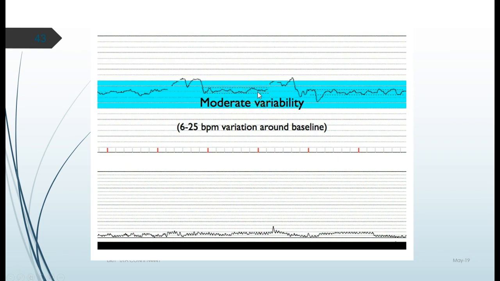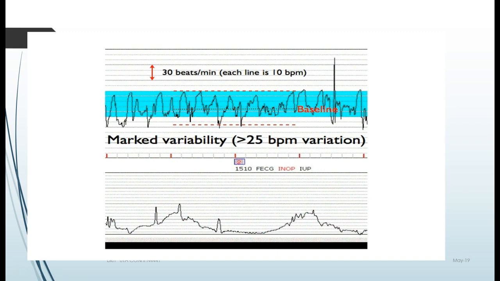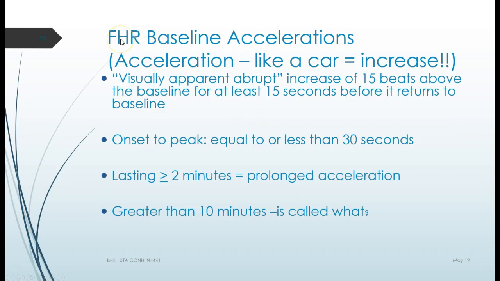I hope that makes sense. And then here's our marked variability, greater than 25 beats per minute. It's just all over the place. You can't call a baseline here because it doesn't settle any place long enough. This is a very concerning strip. All right, let's talk about a couple of our terms that you have to know.